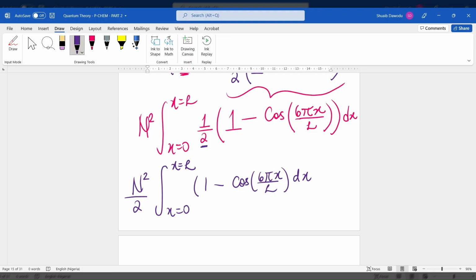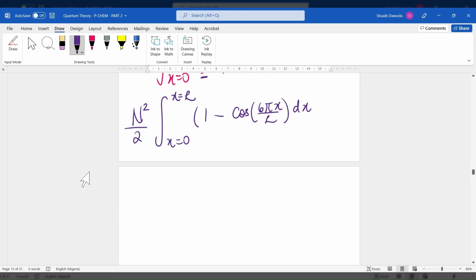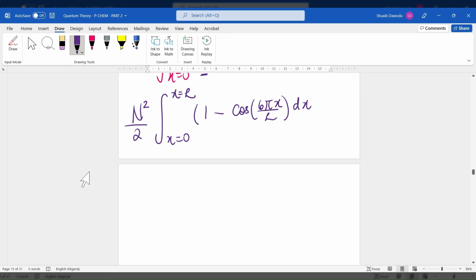So this is basically how you're going to do this. Anyways, you're going to integrate now. Perfect time to integrate n squared over 2. Let's not forget that when you integrate 1, you end up with just x. And when you integrate cosine, you end up with sine. So that would be sine here, 6 pi x over L. But let's not forget, when you integrate cosine x, you get sine x.